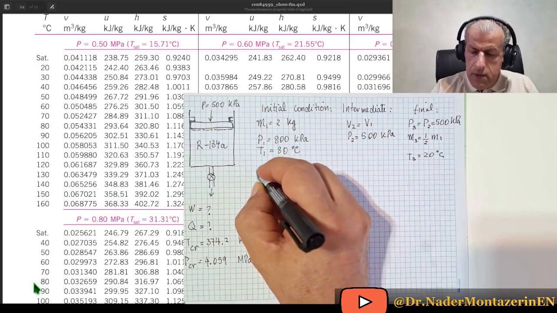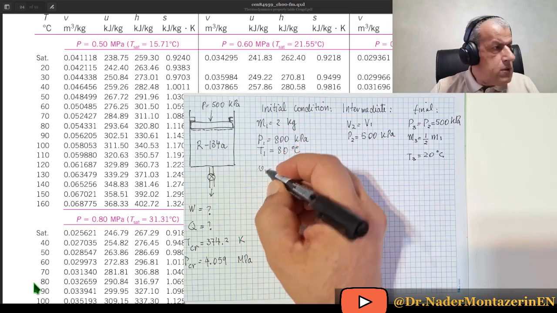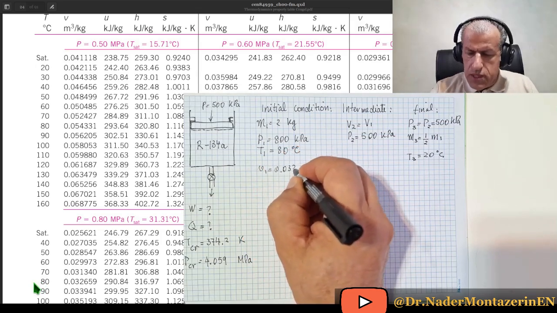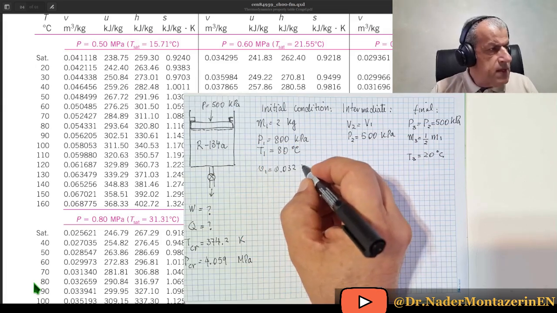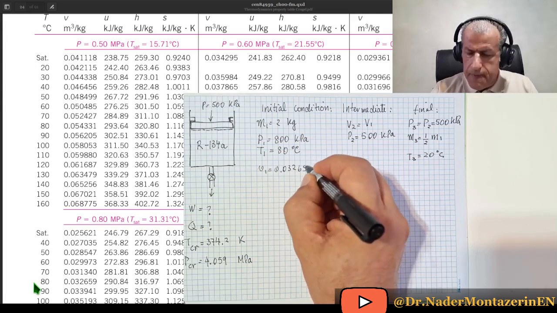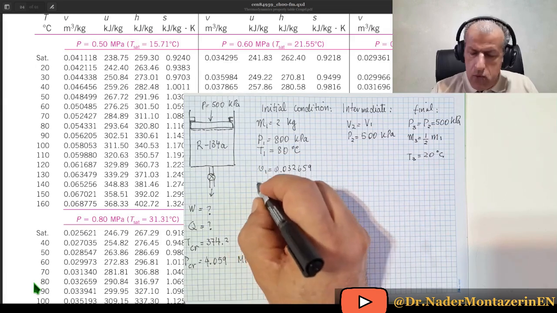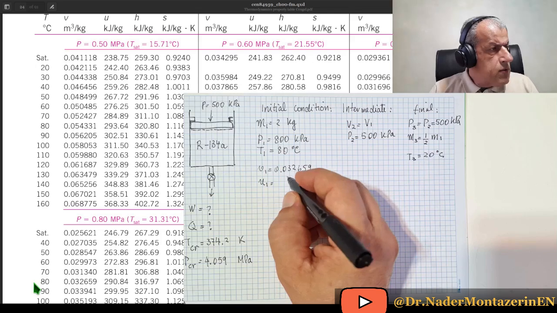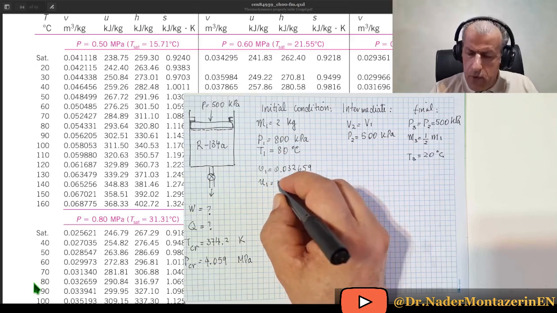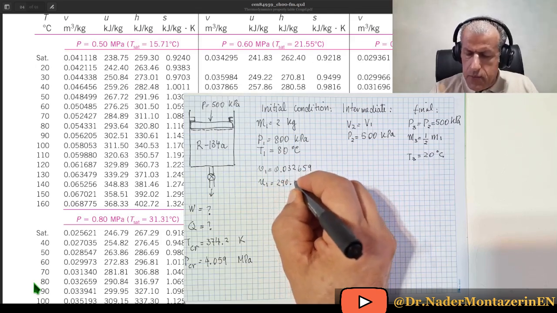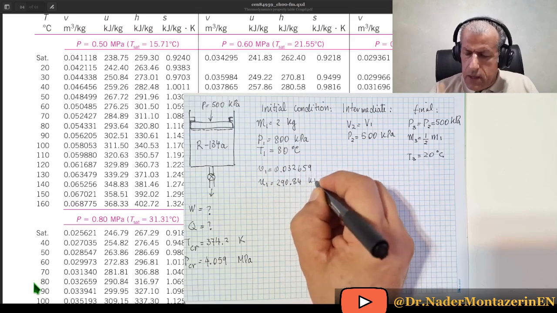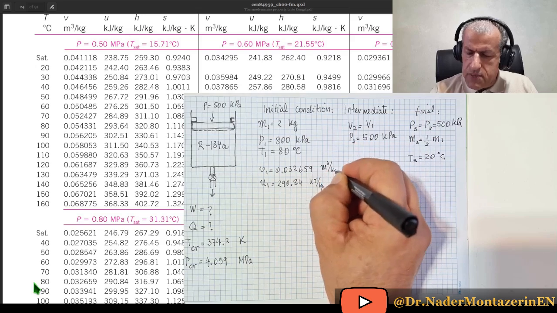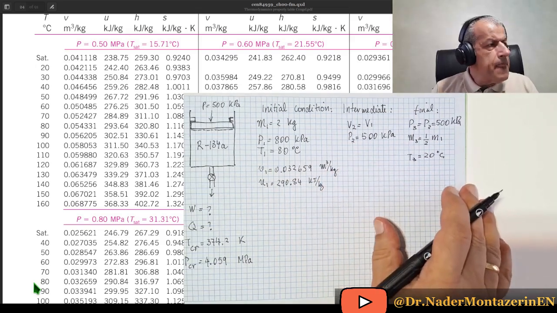So V1 would equal 0.032659, and U1 would equal 290.84. This is kilojoule per kilogram, and that is cubic meters per kilogram.